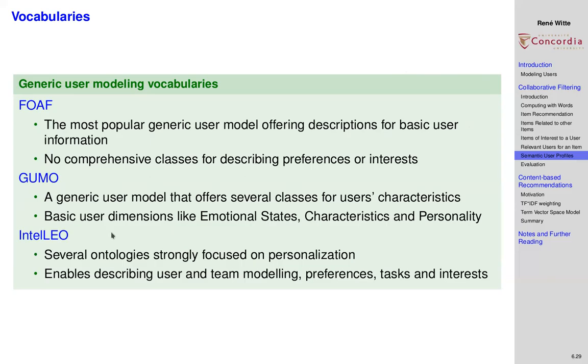And another one that's used for e-commerce applications, for example, is Intelleo. So this has a lot of personalization related entries. So things like user modeling, team modeling, interests, tasks, user preferences, and so on. So if you want to build a semantic model of interests, preferences, and so on, these are 3 starting vocabularies that you can look at.